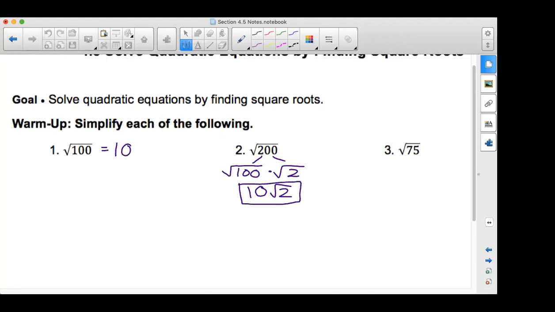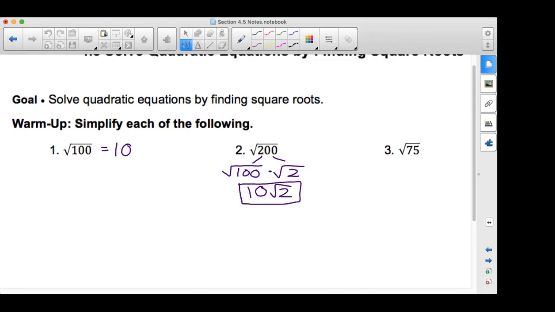Now go ahead and try root 75. How can we break the square root of 75 down? Alyssa?